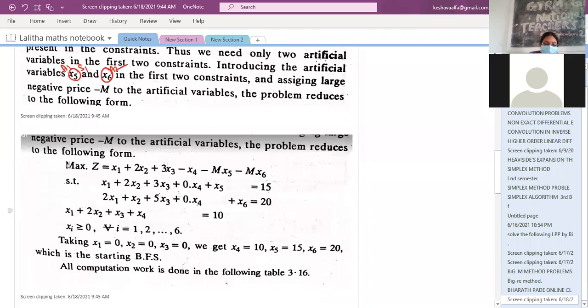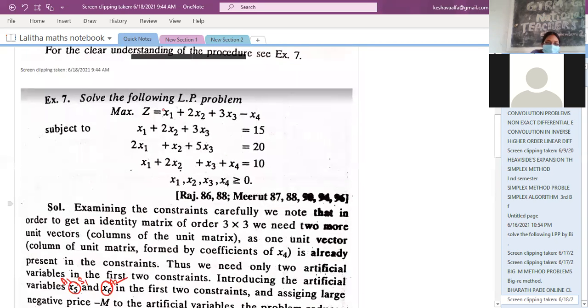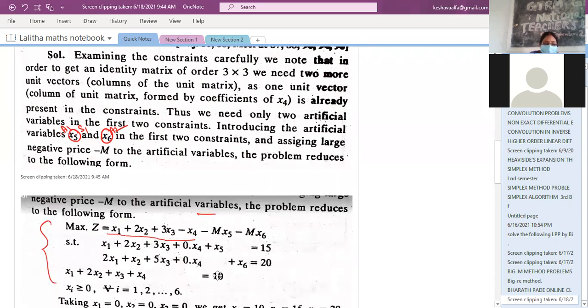Maximum z is equal to x1 plus 2x2 plus 3x3 minus x4, minus M a1 and minus M a2.